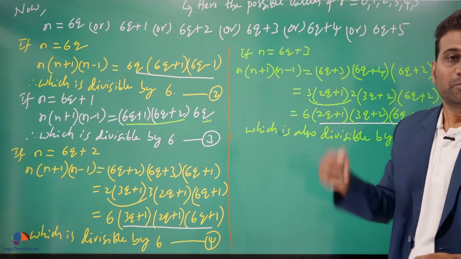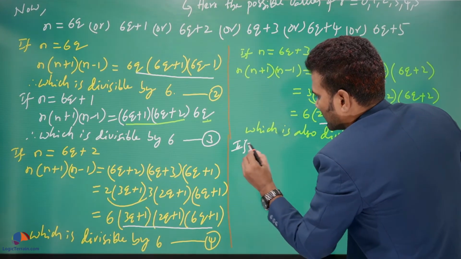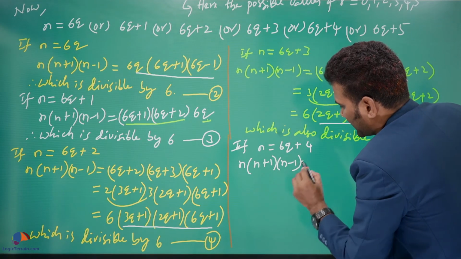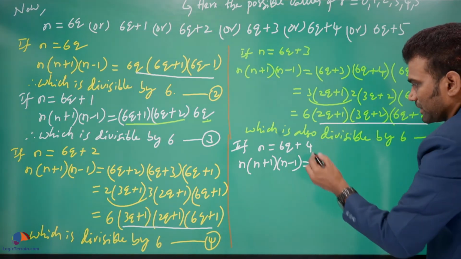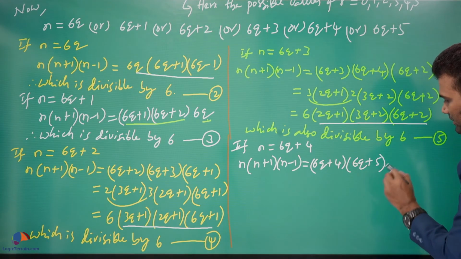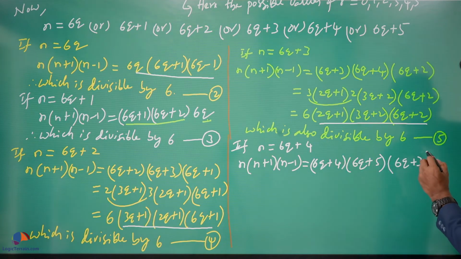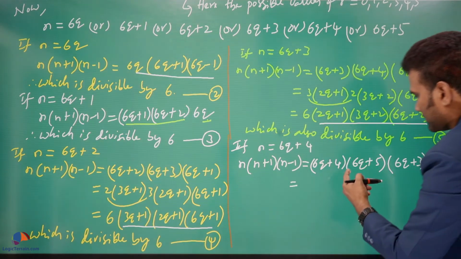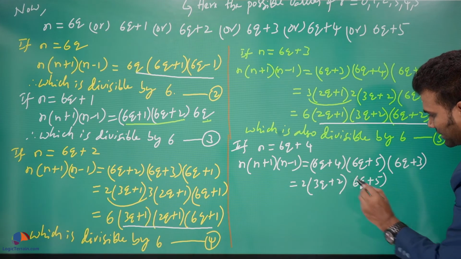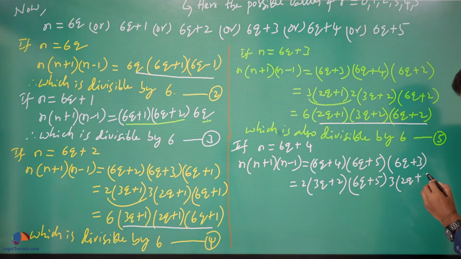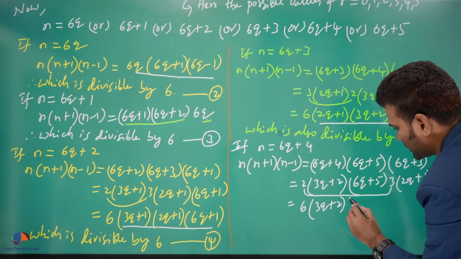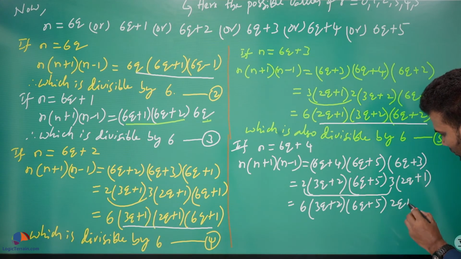Now we'll take 6q plus 4. If n equals 6q plus 4, then n into n plus 1 into n minus 1 is equal to, replace n by 6q plus 4, 6q plus 4 into 6q plus 4 plus 1, that is 5, 6q plus 4 minus 1, that is 6q plus 3, and this becomes, from these two terms we'll take 2 common, here we are left with 3q plus 2, anyhow this is 6q plus 5, from these two terms 3 common, here we are left with 2q plus 1, again this 2 into 3, this is 6 into 3q plus 2 into 6q plus 5 into 2q plus 1.